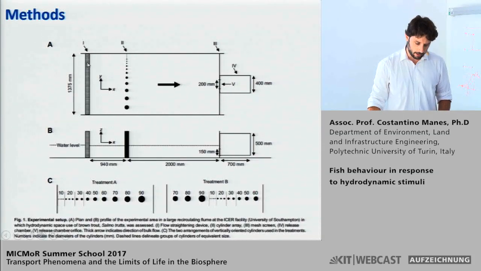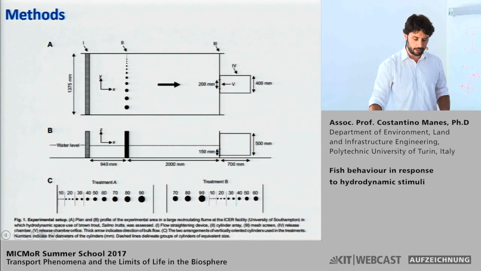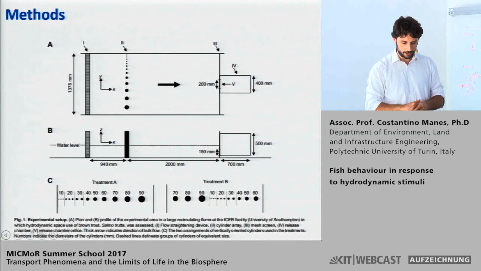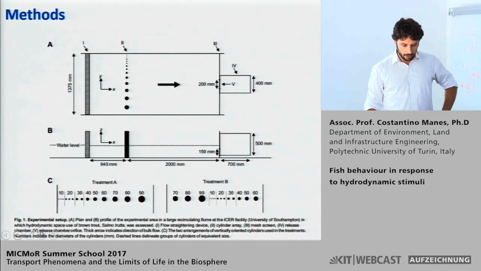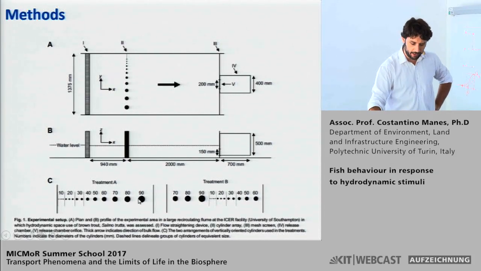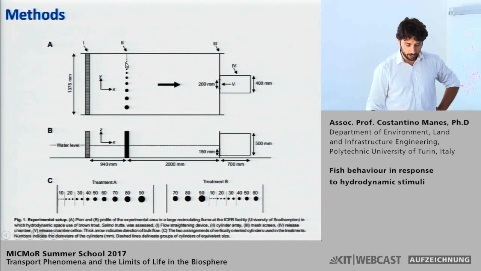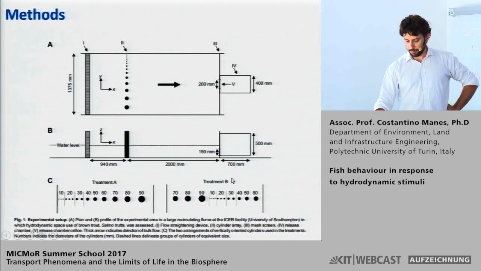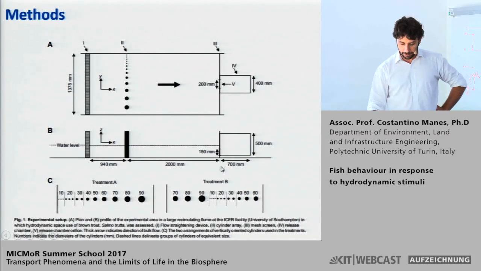sort of a flow straightening device that we wanted to have to minimize any fictitious turbulence coming from upstream, which is unfortunately in that flume fairly high. Then, in order to create some sort of hydrodynamic complexity, we have placed some cylinders of varying diameter from 9 centimeters down to 1 centimeter, which were placed in two different arrangements, increasing and this arrangement identified by treatment as treatment B in this figure.